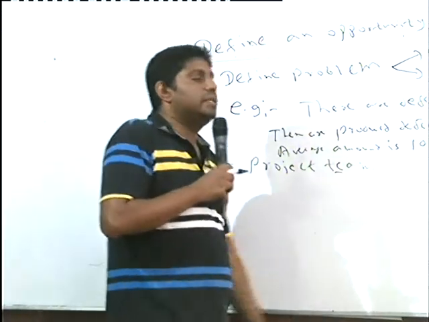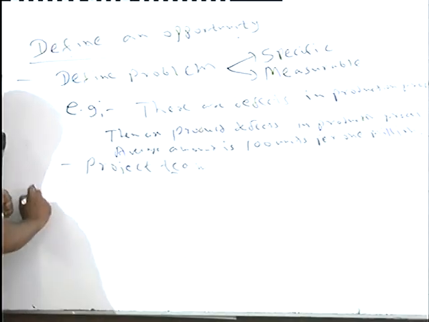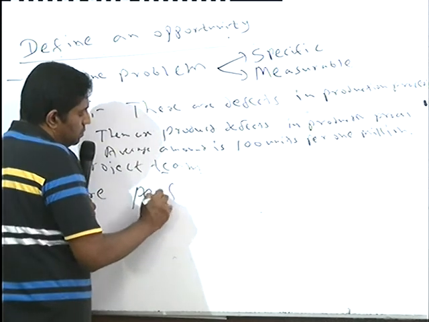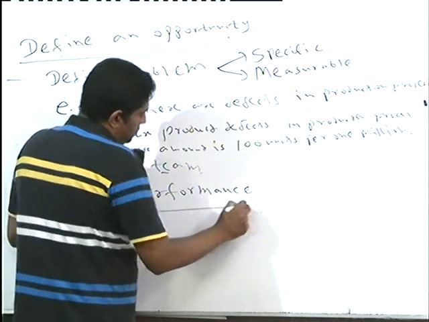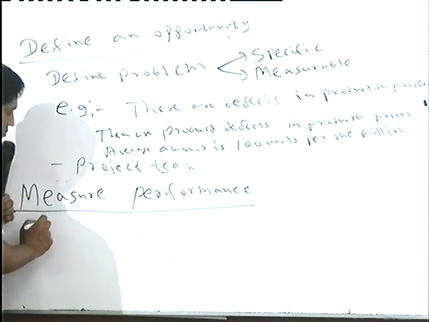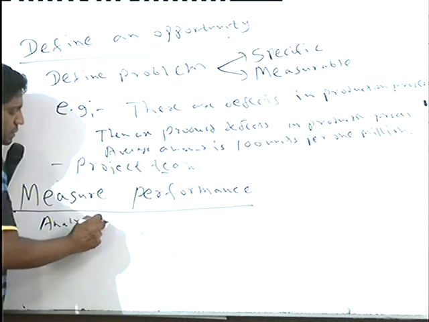Then the next one is measure performance. Measure performance is step number 2. Under measure performance, you analyze the current process.